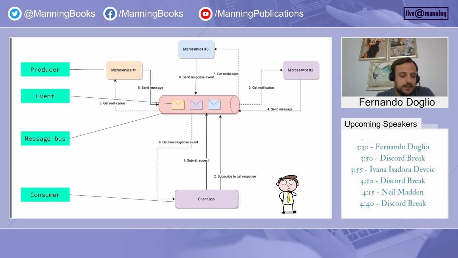The event itself, or a message, that contains all the relevant information that the other side needs. The message bus, that is the medium through which all these events travel from producer to consumer, and then the consumer itself, which is the bit of logic that reacts to the message. There is no direct communication between microservices here, as you can see.